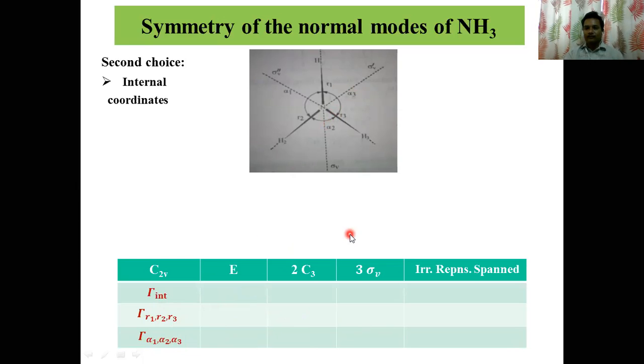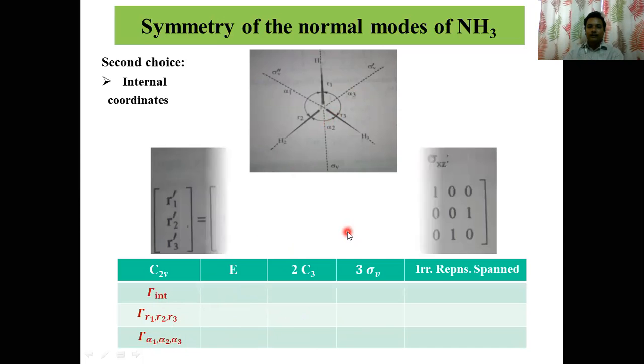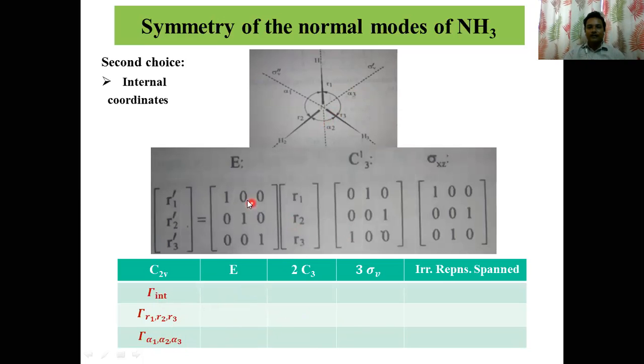Okay, now if we look at this matrix, I'm just going a little bit quicker because I hope you'll be able to pick it up. It's similar to what we did for the water molecule, right? So now we only concentrate on R1, R2, R3, because angles are not going to combine with this, right? So if I do identity, they remain unchanged, right?